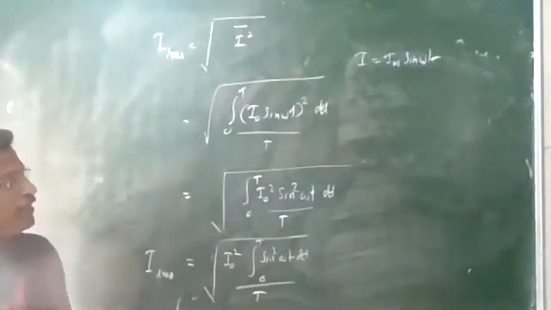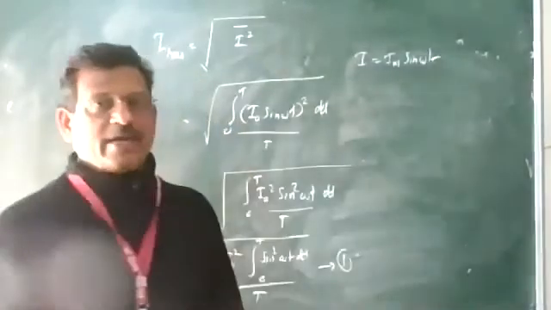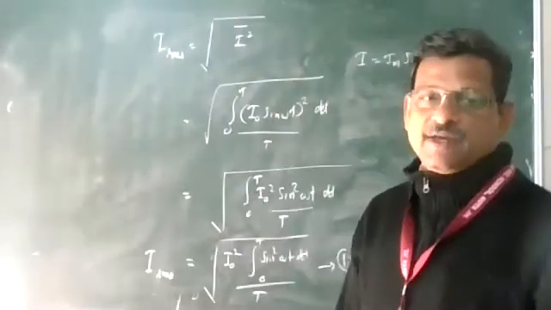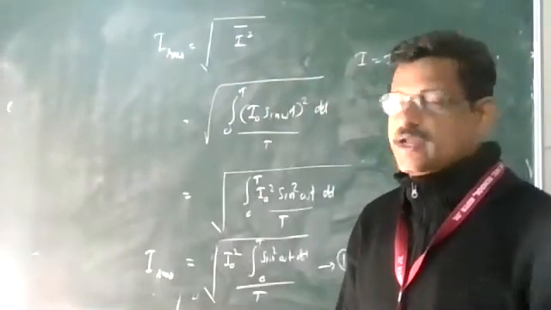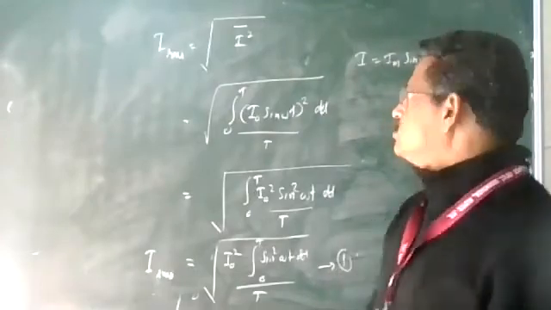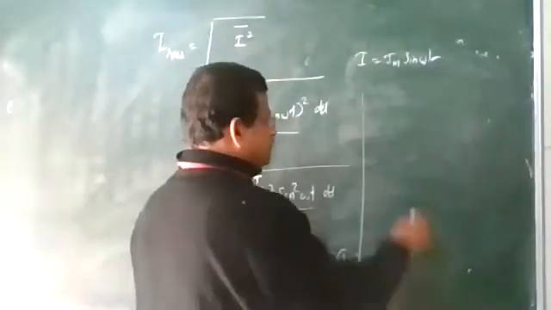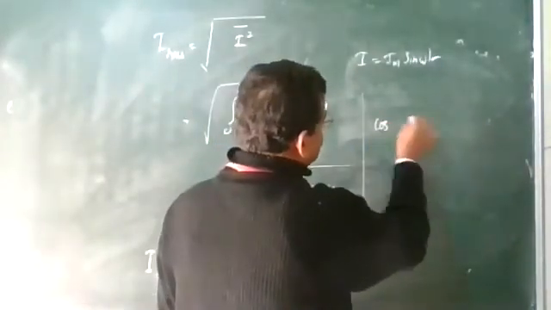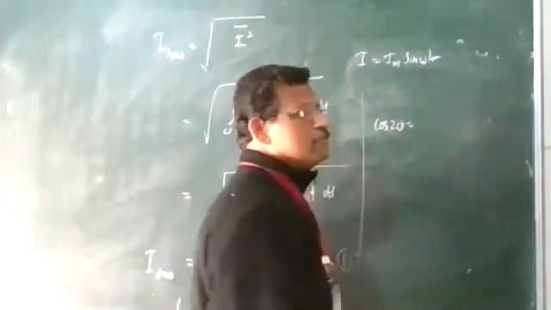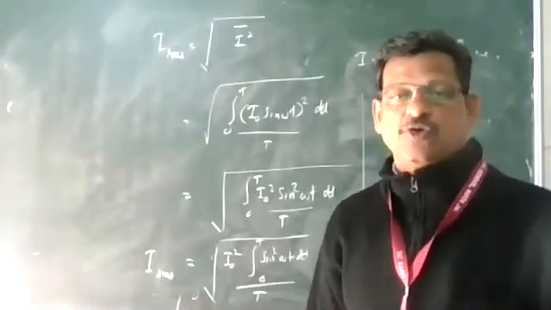This is called integration. In AC, the common integrations are of sin square omega t and sin 2 omega t. You find these two integrals over the limit 0 to T. So tell me the integral of sin square omega t separately. This is obtained from the cos 2 theta equation. Can anyone give the integral of sin square omega t dt?